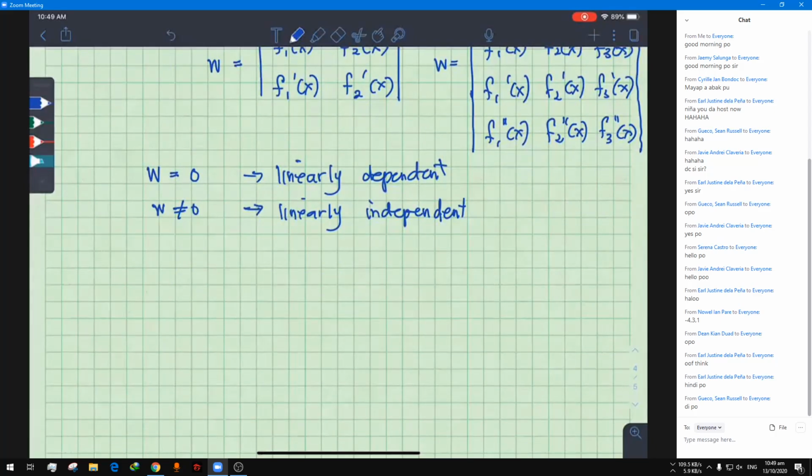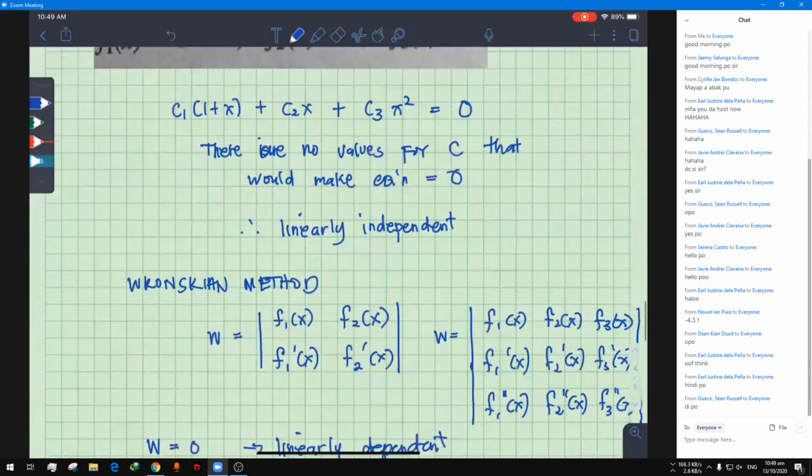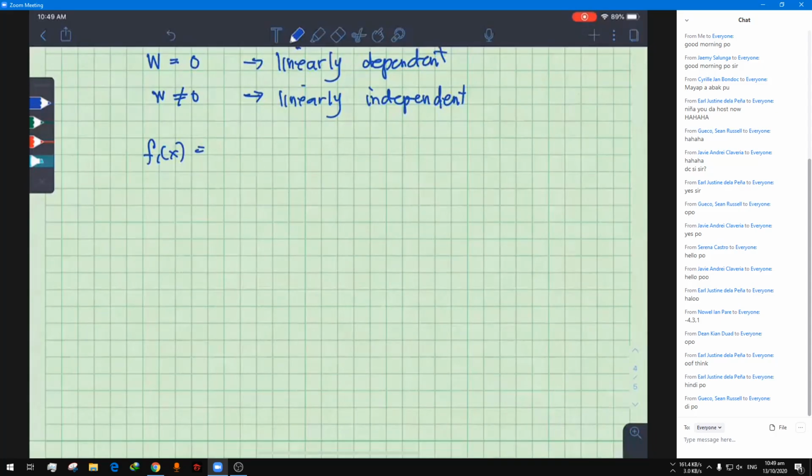So how do we evaluate? Okay. So let's say meron akong f1 of x, which is, hula na lang ako, x squared. Tapos yung f2 of x natin is 2x. So ngayon, I'm going to determine whether those two functions are linearly dependent or linearly independent with each other.